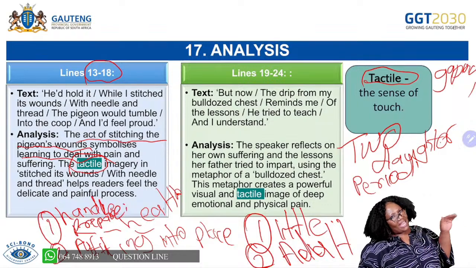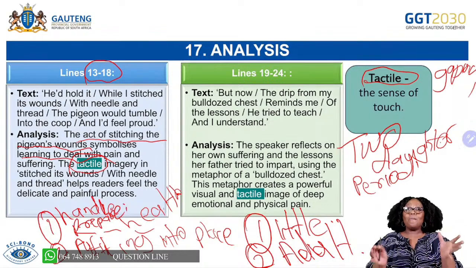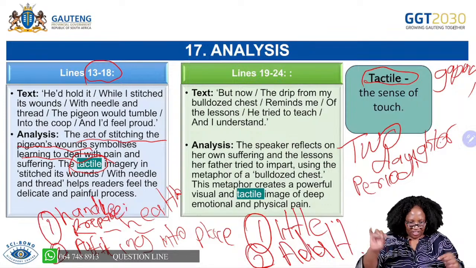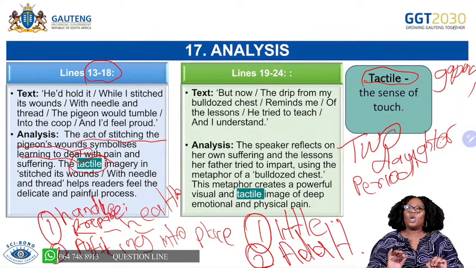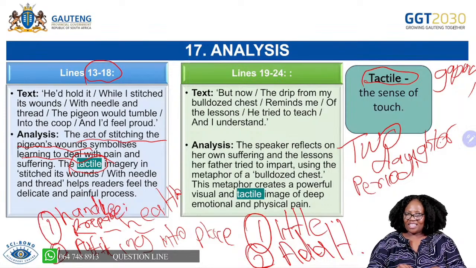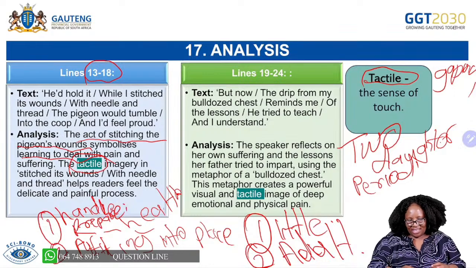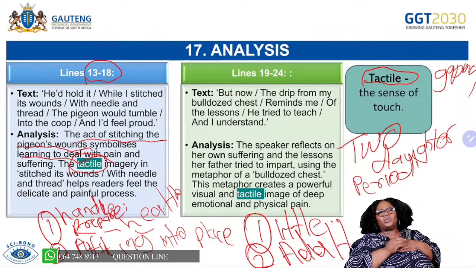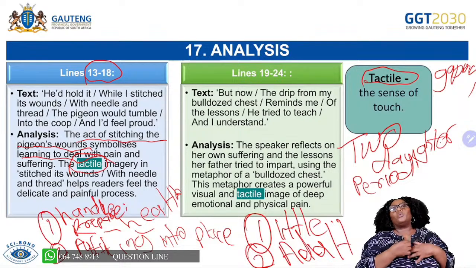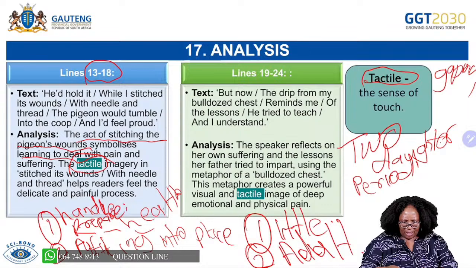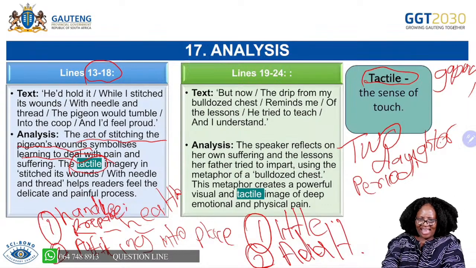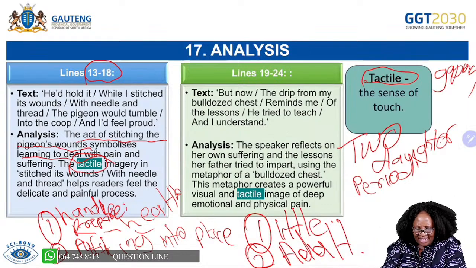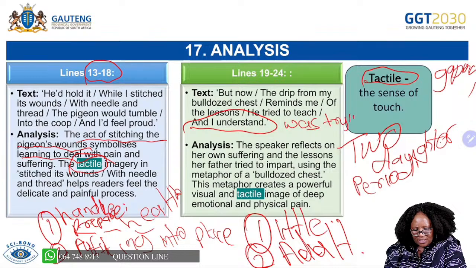And as I look back to those moments when I stitched the pigeon back to life with needle and thread, here I am now. My chest is bulldozed. I have a wound, emotional and physical, and I understand what my father was trying to do. To teach me.